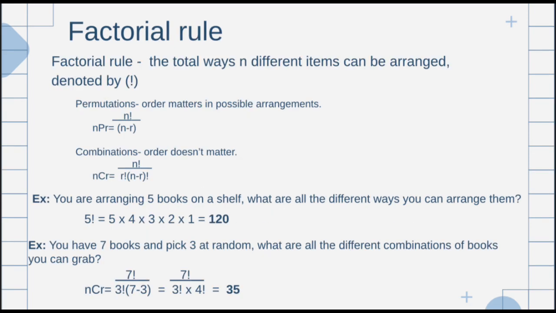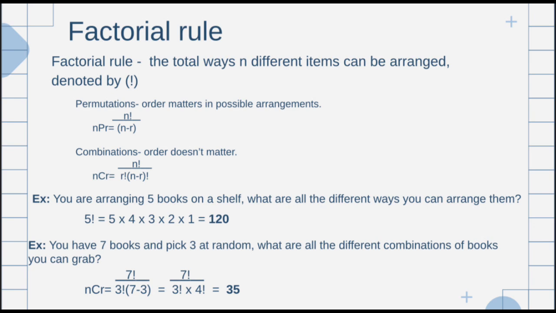The factorial rule is the total ways n different items can be arranged, and this is usually denoted by an exclamation mark. So for the factorial rule, if you're arranging 5 books on a shelf and wanting to know all the different ways that you can arrange them in order, then this would be a permutation problem, which is where different sequences of the same items are counted separately, but for combinations, they're all counted the same.